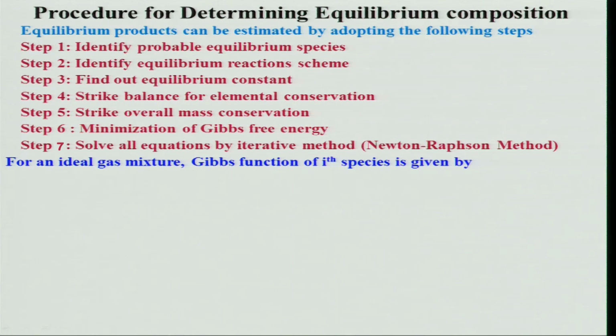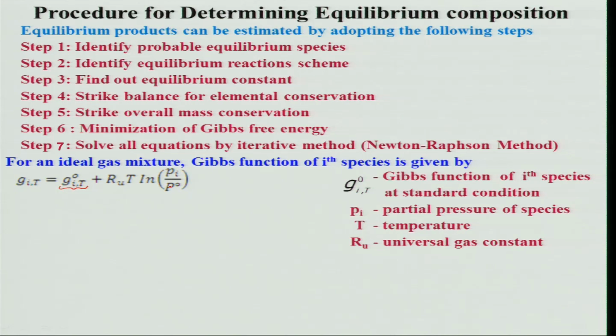So the Gibbs function for the ith species can be written as g_i(T): this is the ith species Gibbs free energy at a particular temperature at standard state, plus R_u T ln(P_i/P_0). Keep in mind that P_i is the partial pressure of the ith species, T is the temperature, and R_u is the universal gas constant.